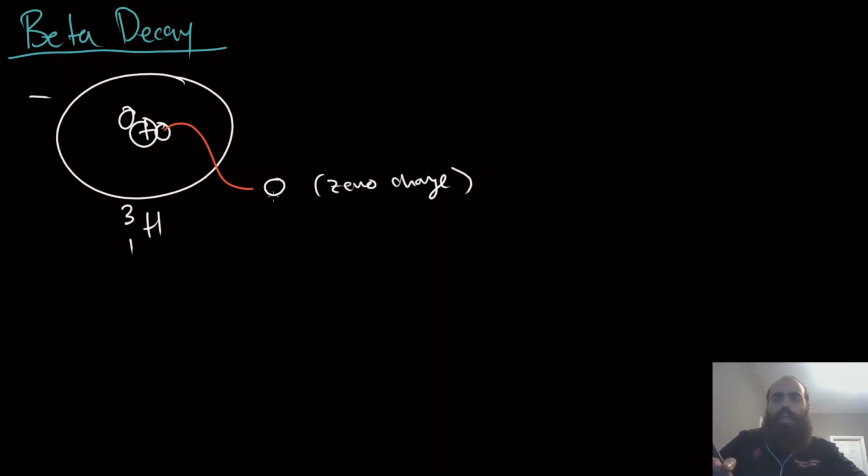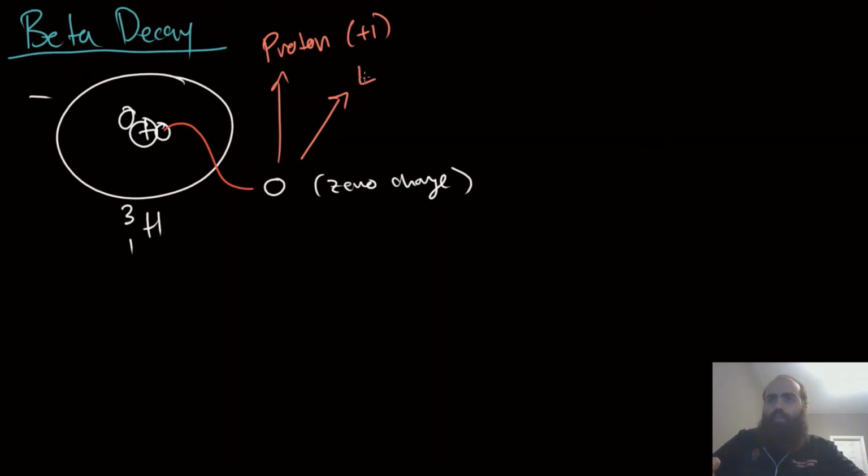So what's going to happen with this neutron spontaneously in beta decay is that this neutron is actually going to become three different things. At some point, it's randomly going to break up, and it's going to become a proton, which is positively charged.